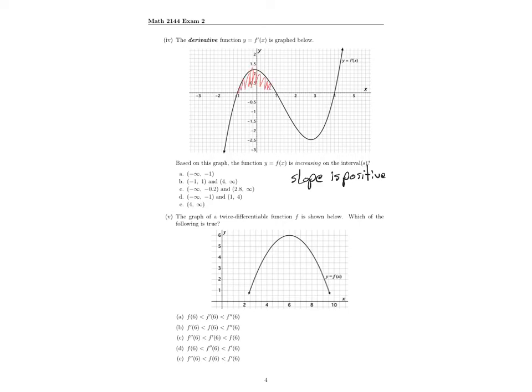All these values in here are positive, and everything after this value here is going to be positive. So if we want to write those as intervals, that's going to be from -1 to 1, because here we're at -1 where we cross, and here we're at 1 where we cross, and everywhere in between there we're positive. And from 4 on to infinity.